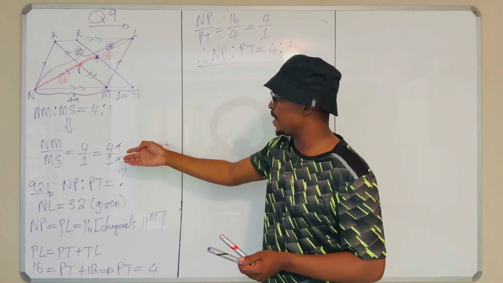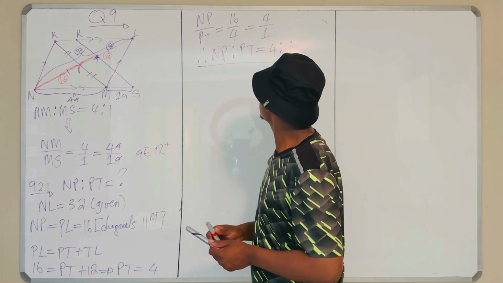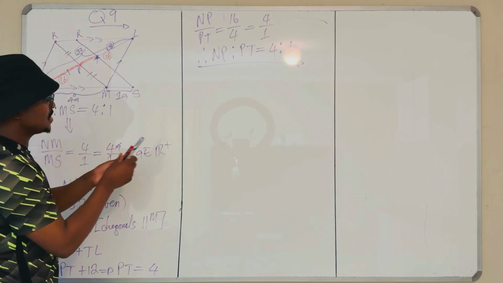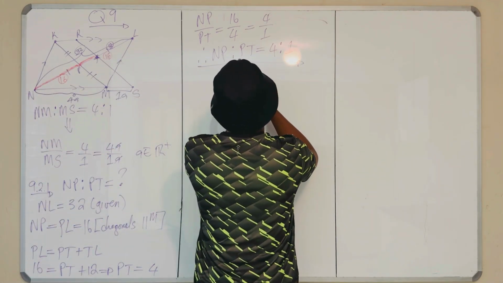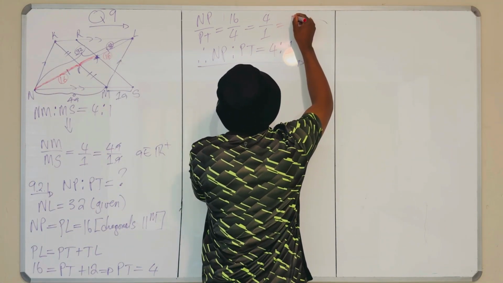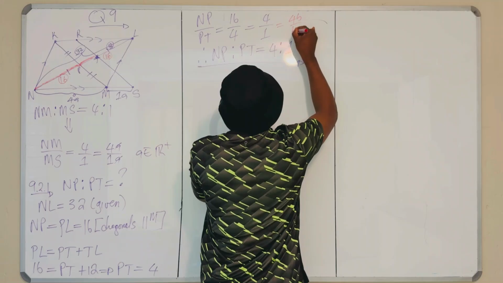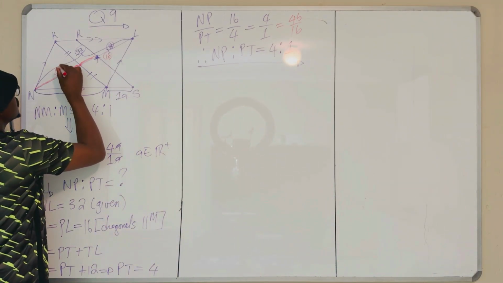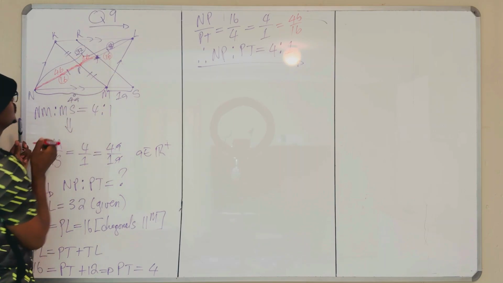That's what I was trying to explain. So in that case, we can say this is 4b over 1b. I'll put it here: this is your 4b, this is your 1b. No problem.